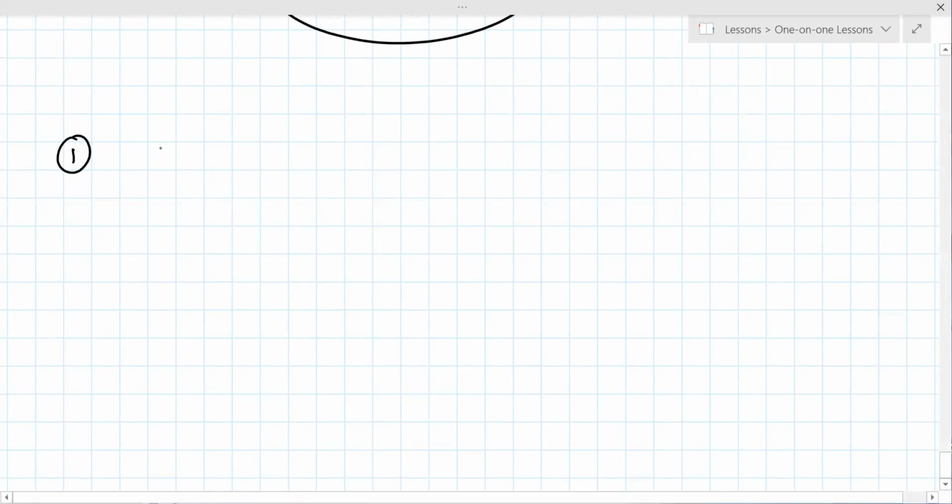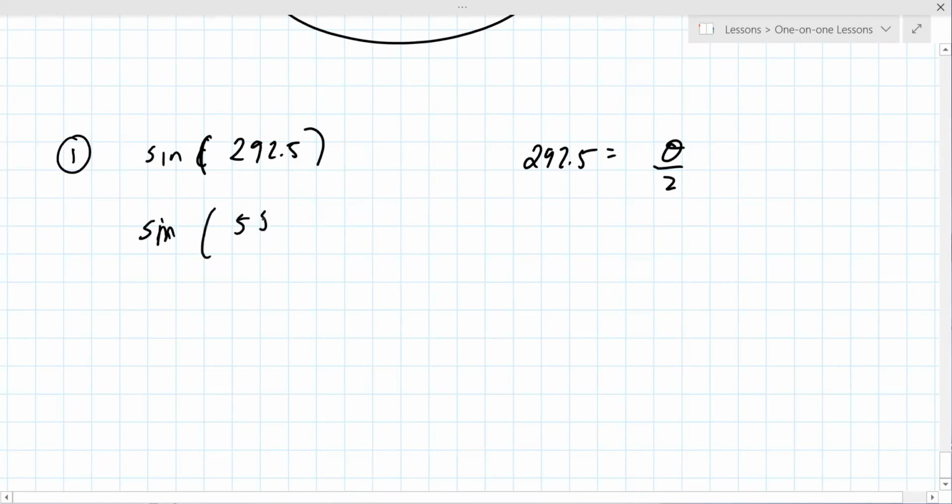Okay, so we got sine of 292.5. So that means that the 292.5 is the theta over 2, so we're gonna double this number. That's 585. So this is really the sine of 585 over 2.